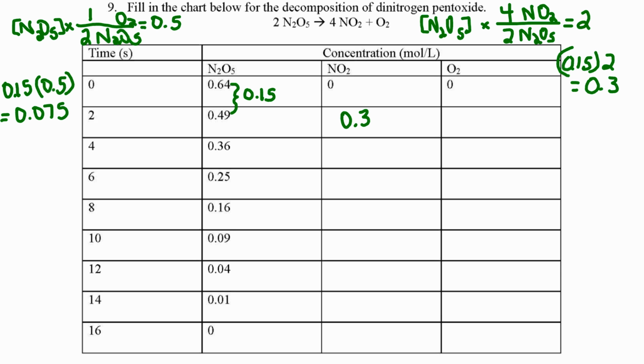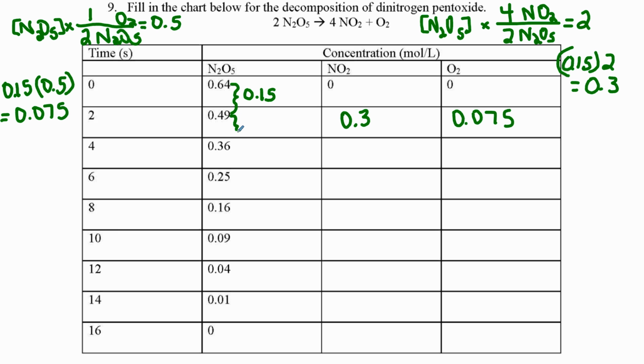Okay, your value of 0.075 can just get entered into the chart here because the previous value is 0. So when you add them together, it still equals 0.075.